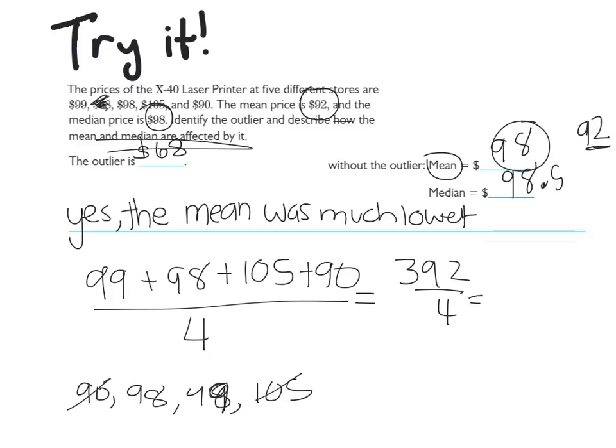But because that 68 was so low, it pulled our whole average down with the outlier. So again, I just want you to notice that when we have those outliers, it can really affect either the mean, the median, or the mode, because it changes our average and it doesn't give us a real clear indicator of what's the middle.